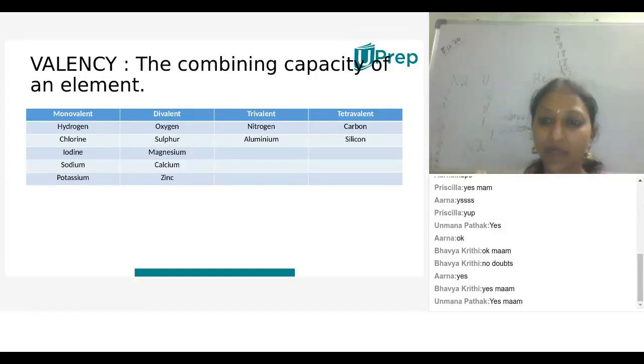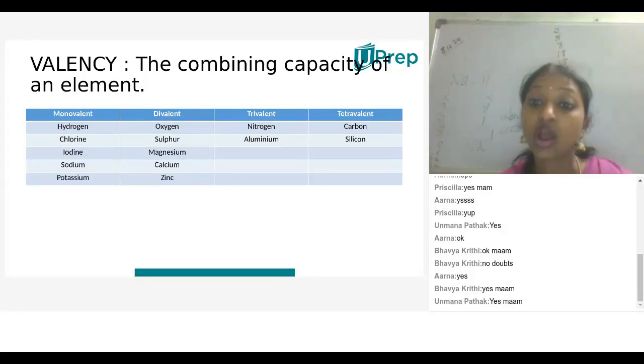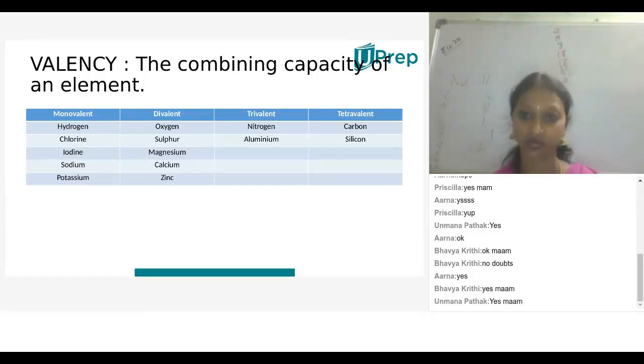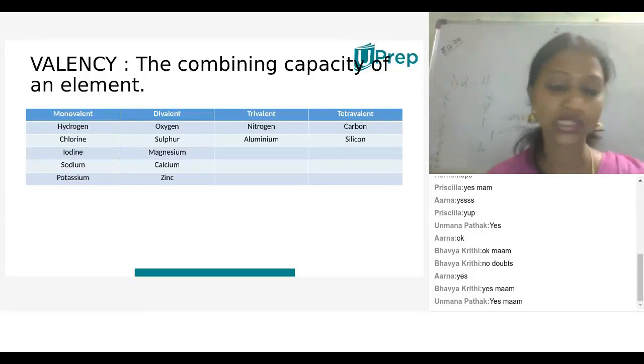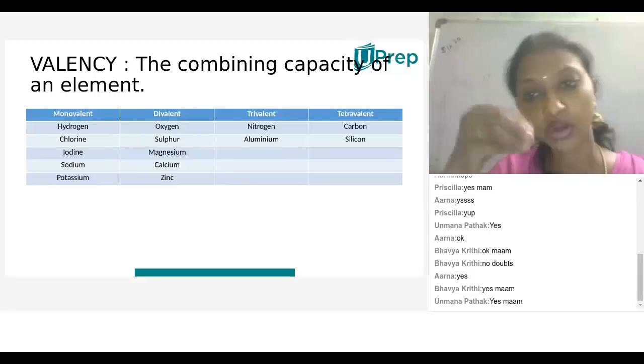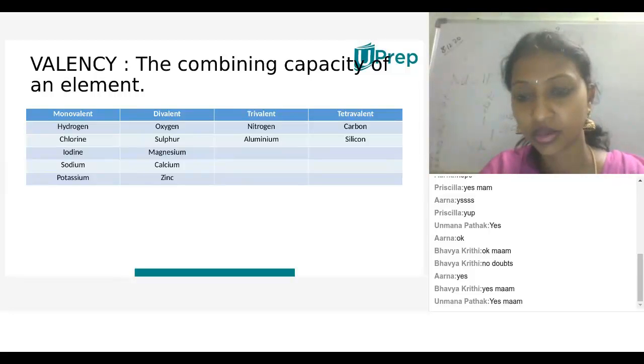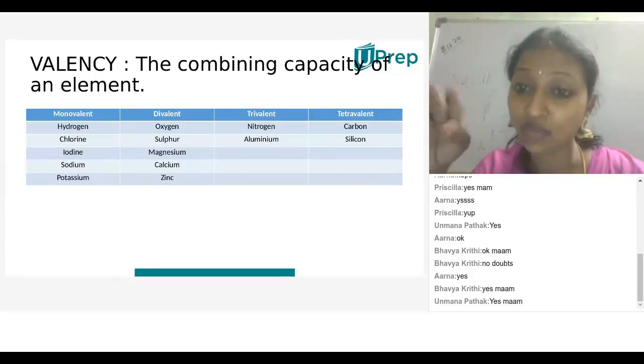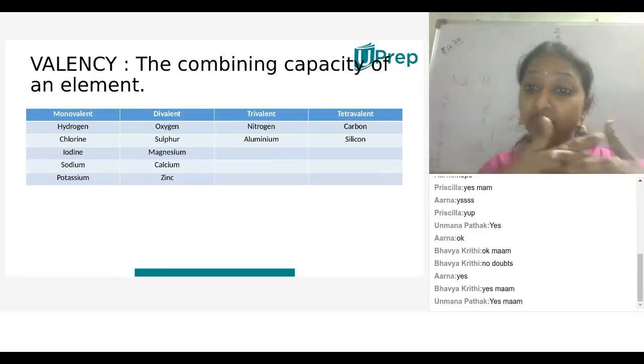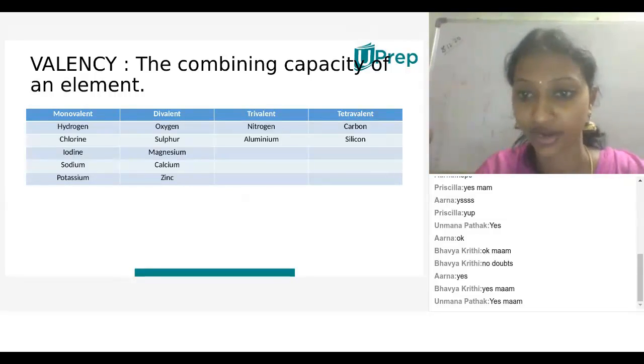Valence is nothing but combining capacity. In the classroom, if you sit alone without mingling with anyone or without sharing, or when they are sharing, if you won't accept, understood? If your friends are there, when you open your lunch break, you definitely share. If your friend takes happily what you have given, then there is a formation of bond between you and your friend.